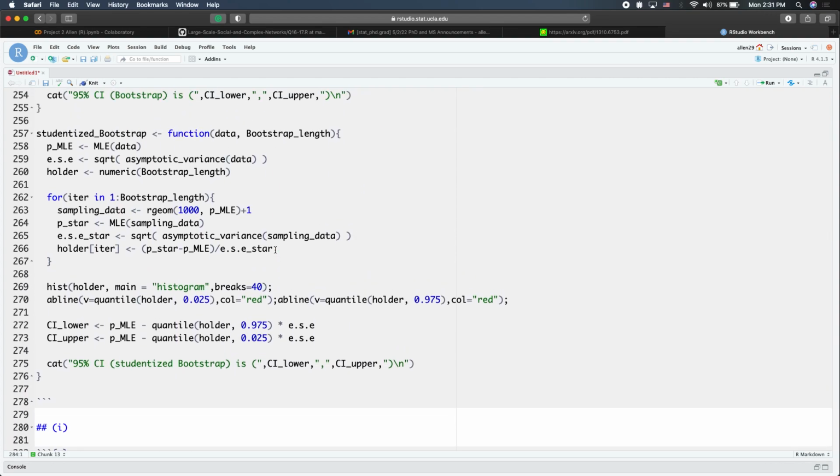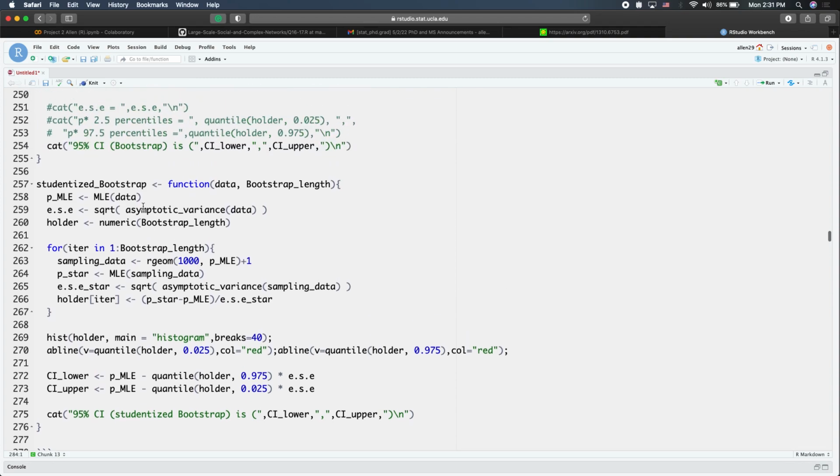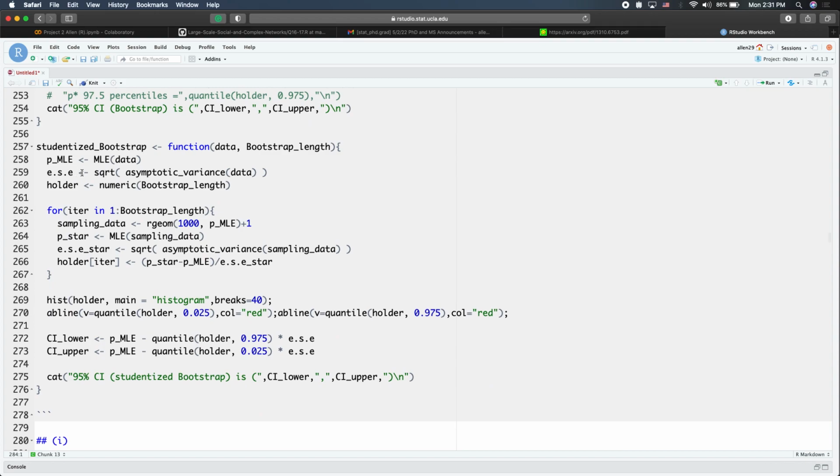So this is another way to calculate the standard error of theta MLE, the MLE. What is different from the last example is that we also store the asymptotic variance placeholder. For each of the 1,000 iterations, we still sample and obtain the sampling data.